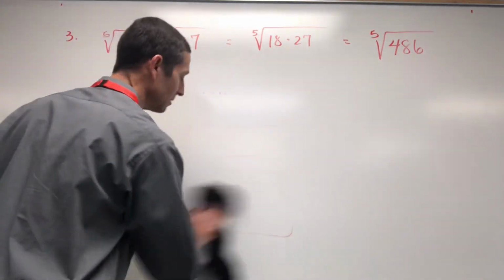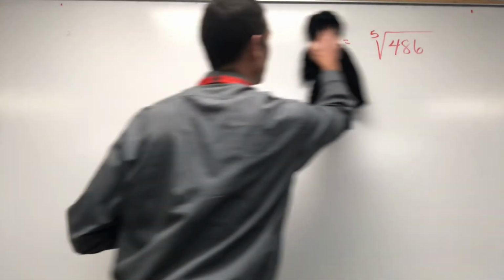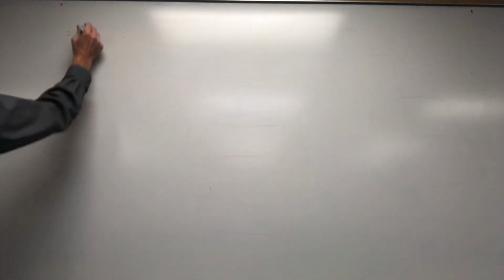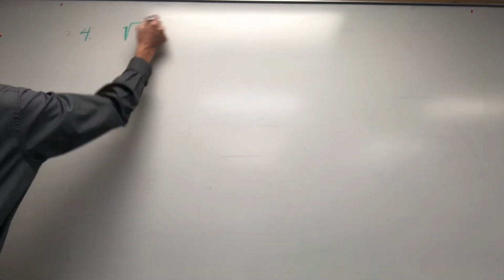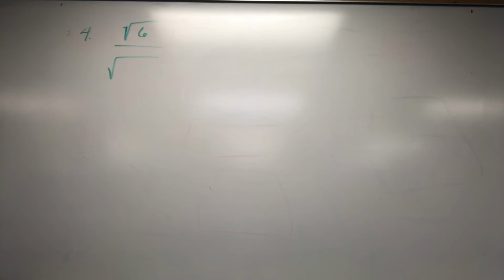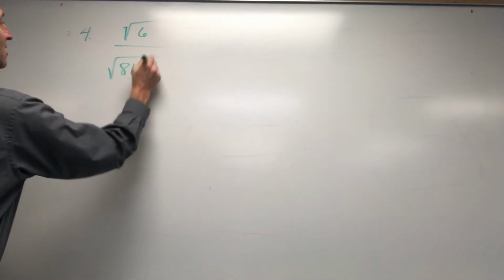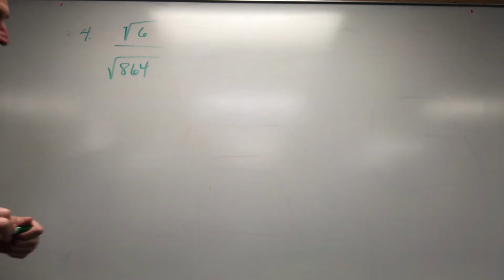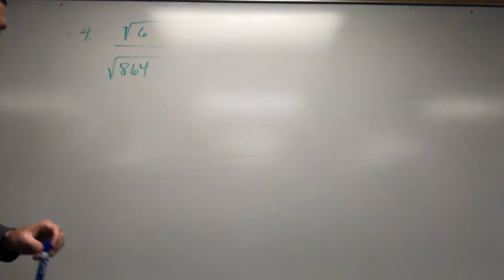Let's do some division. So we got to divide some of these. All right, let's go back to square roots. Let's say we have square root of 6 over square root of, I had a big number, 864. I don't know how well you guys can see the green there. We'll go back to blue. All right, here's the story on division.